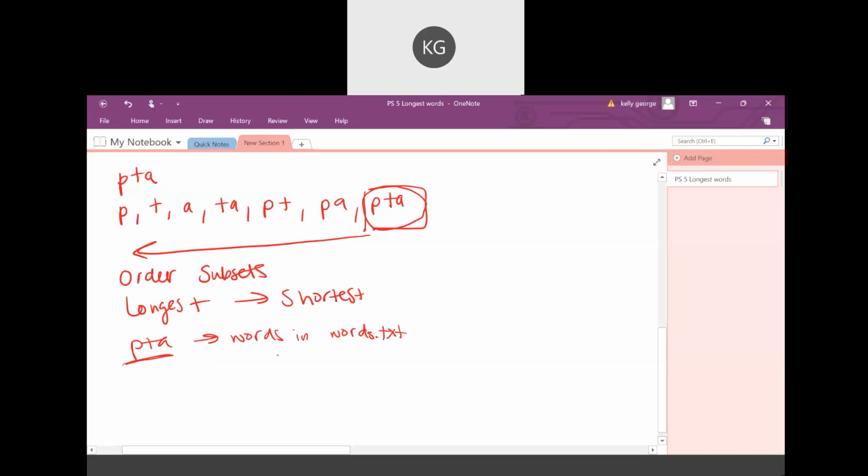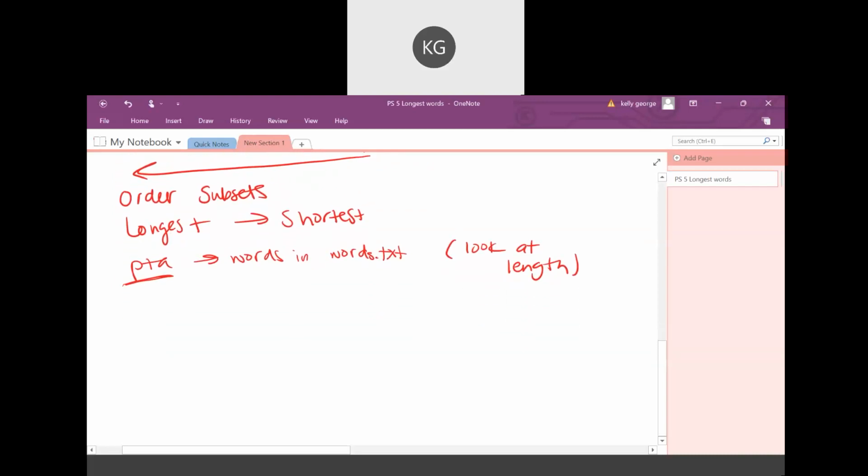You only need to look at words that are the same length. Because how could PTA be equivalent to a word that's longer? So that's one thing you can do: only look at words that are the same length. Because remember, the main problem with this homework assignment is about time and saving time.